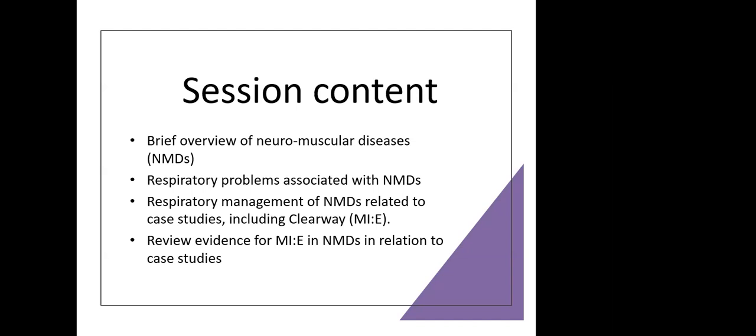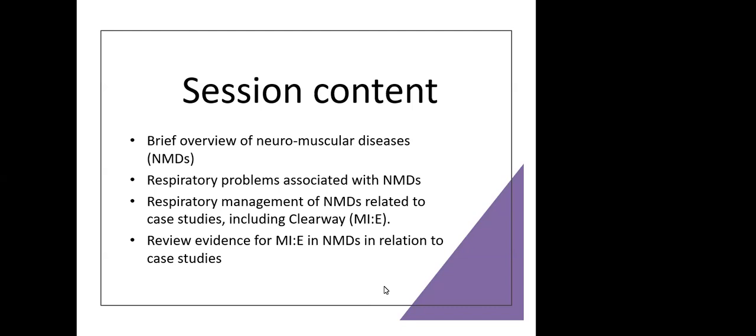We're going to relate it to some case studies, and the focus will be around the management of the Clearway. We're going to refer to the Clearway throughout this as MIE, just to keep it consistent, because that's the way it's used in a lot of the studies and the research that we're going to refer to. And Lorna will relate some of the stuff that we're going to say to some evidence for MIE in relation to neuromuscular disease patients.